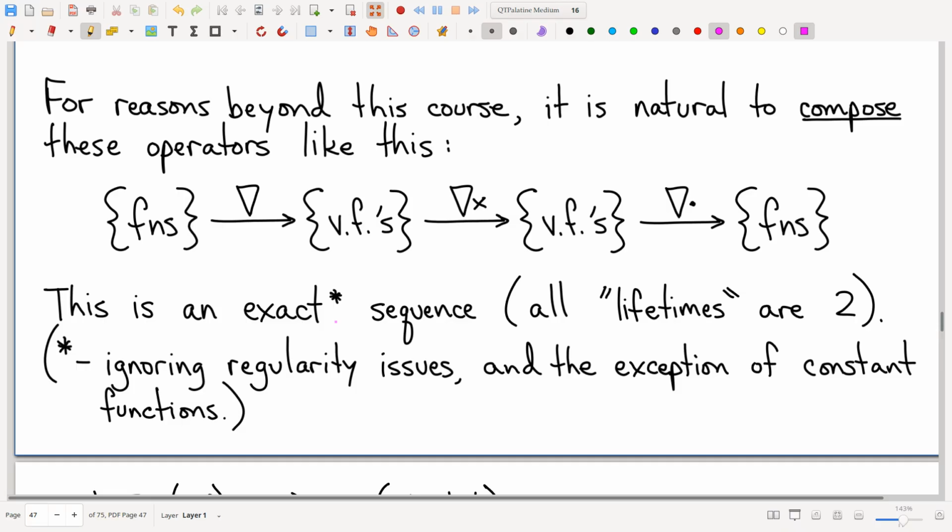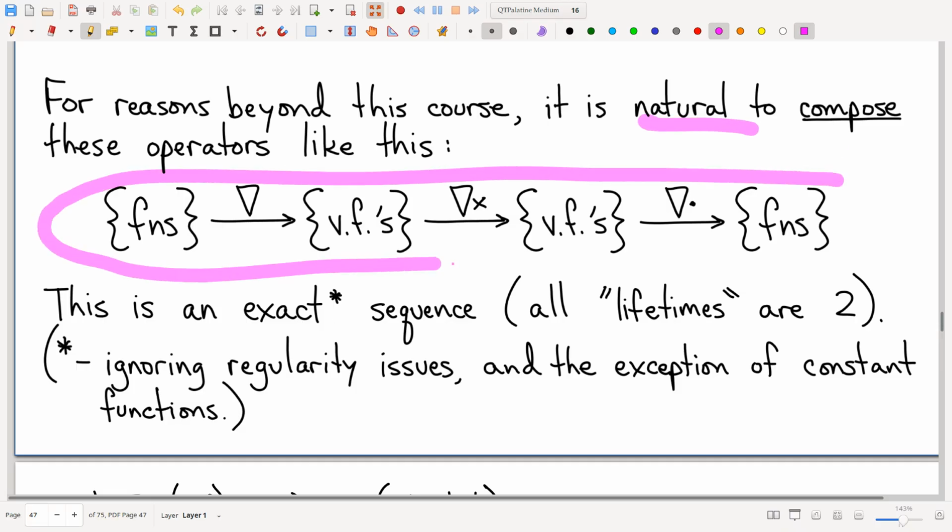But really deep water, important ideas. And while I can't tell you the actual big, important ideas, what I can tell you is sort of how they manifest in 2 and 3 dimensions. And therefore, for reasons that I won't be able to justify at all, it turns out that there's really good reasons to want to compose these differential operators.